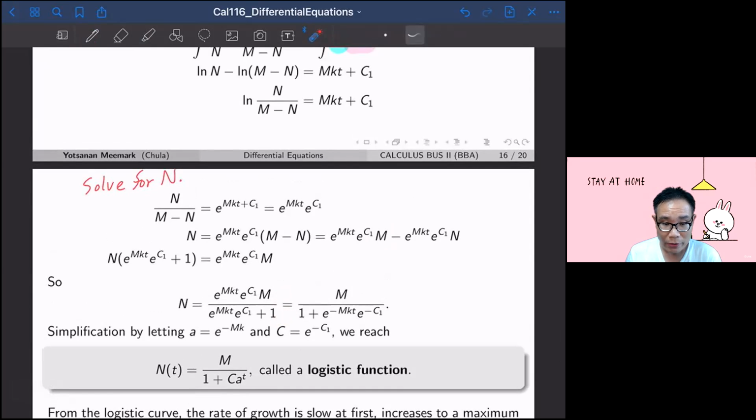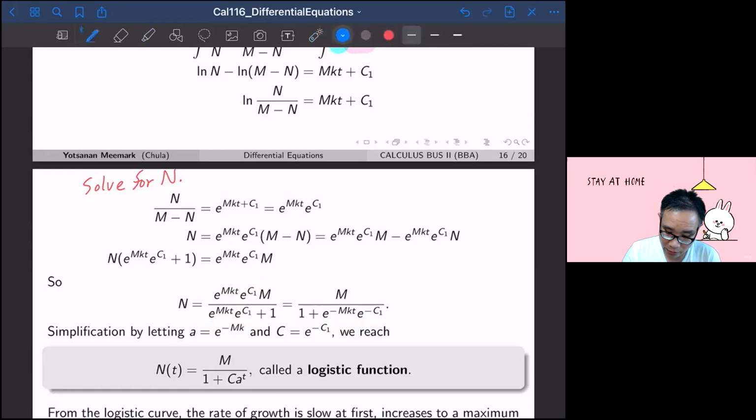You'd like to get rid of this term, so you multiply the top by e to the negative Mkt e to the negative c1 and multiply the bottom by e to the negative Mkt e to the negative c1. So this guy and this guy will cancel. However, e to the negative Mkt e to the negative c1 is still here.